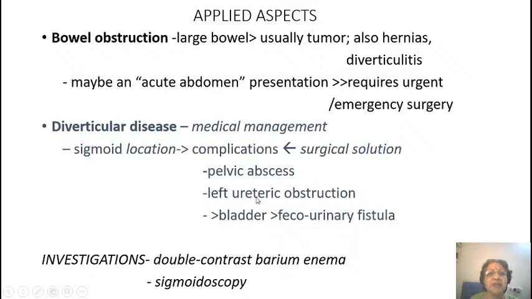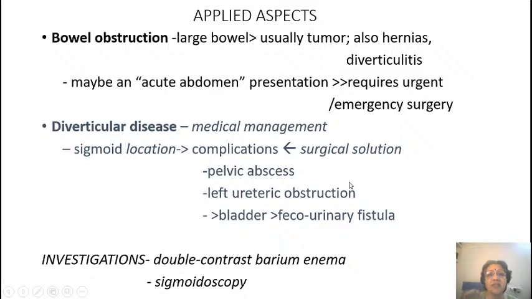Like I said, because the sigmoid mesocolon crosses the left ureter, any inflammation of the mesocolon or any vascular insult or any diverticular disease inflaming the posterior peritoneum can give rise to a left ureteric obstruction. The ureter has nothing to do with the sigmoid colon in terms of function, but they are anatomically related, and therefore you can have a left ureteric obstruction secondary to a sigmoid complication.